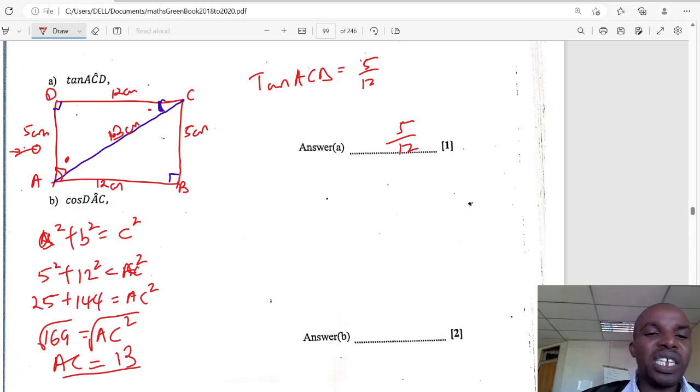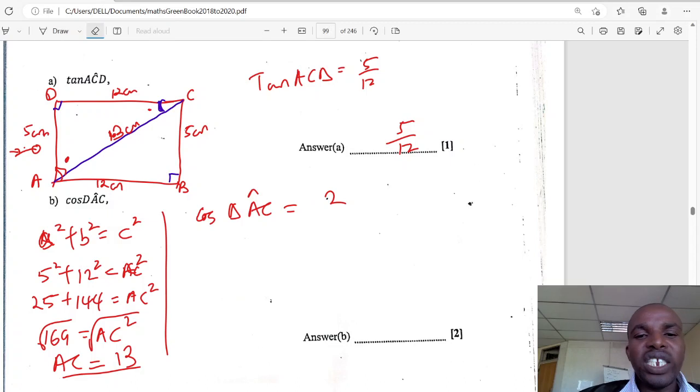Right, it's 13 centimeters. So cos DAC is easy. You just say adjacent, which is 12, sorry, it's 5. Adjacent to this angle at A is actually 5.